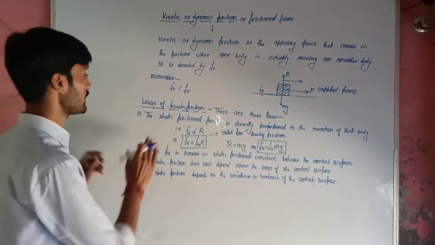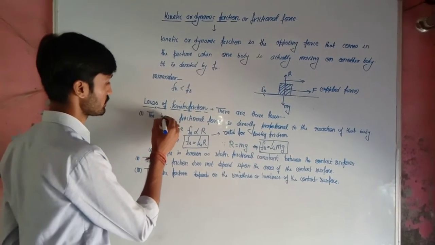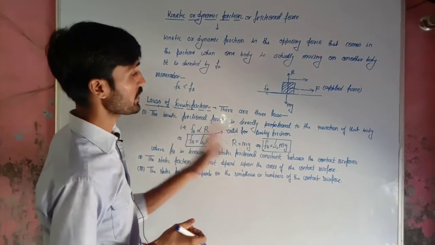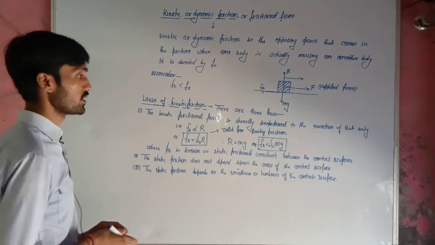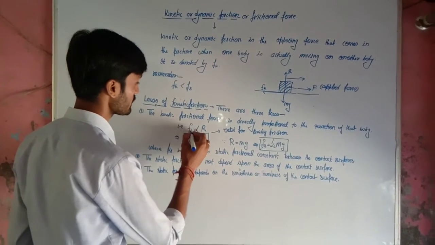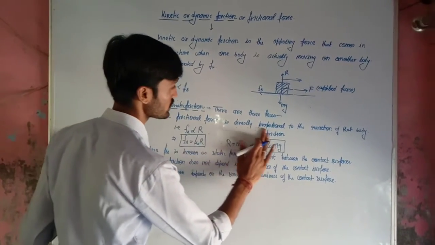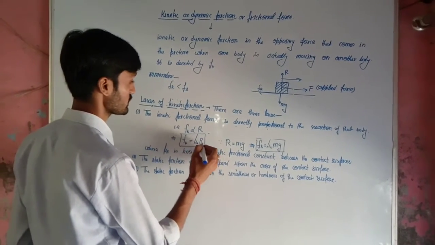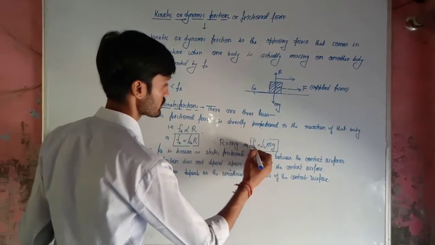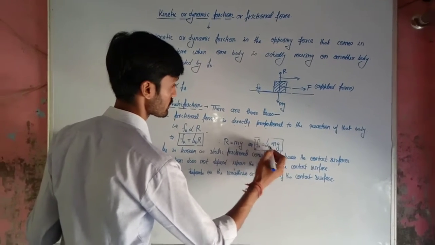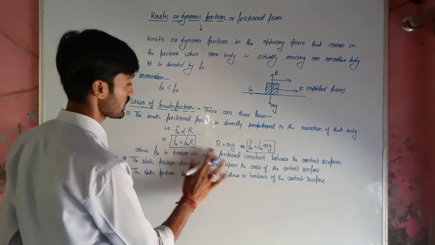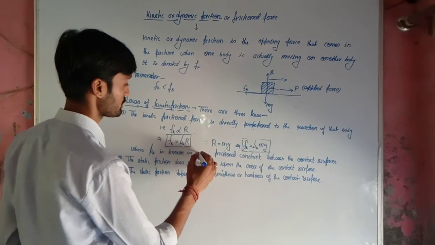The kinetic frictional force is directly proportional to the reaction of the body, that is Fk is directly proportional to R, and then Fk equals mu k R. Okay, and mu k is known as kinetic frictional constant.